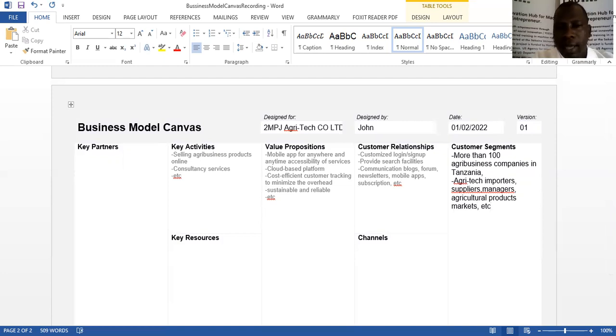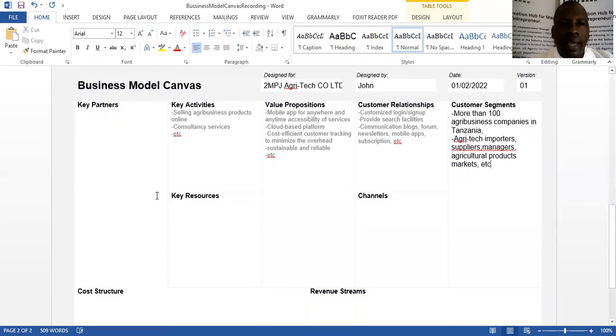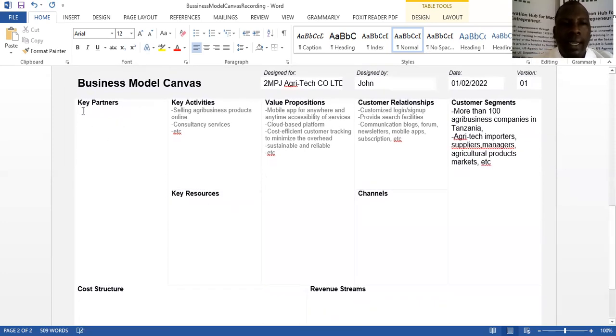And you can mention as many as possible. Then, what are the key partners? Now, here you just highlight what partners are key to your business.